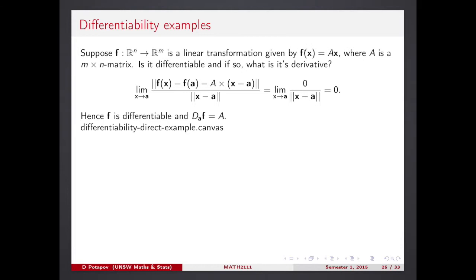For the linear map, the L matrix which needs to be presented in order to convince someone that the function is differentiable will just be this A itself. Because if you take the limit which appeared on the slide before and substitute your A matrix in place of L, then f of x minus f of a is just simple matrix multiplication, the numerator is just 0, and that's why the limit is 0.